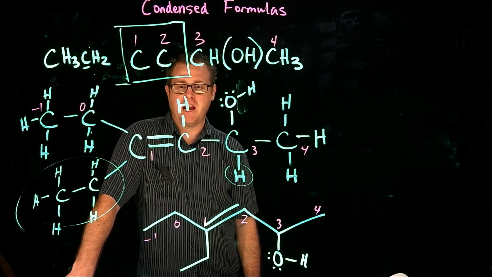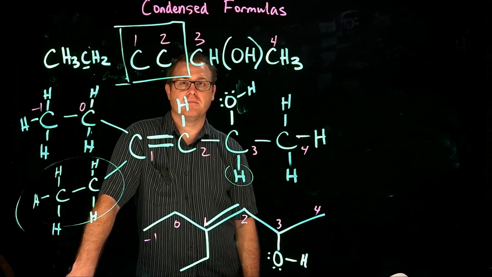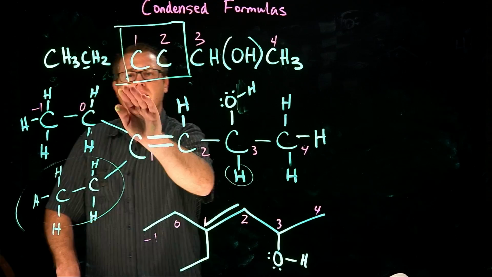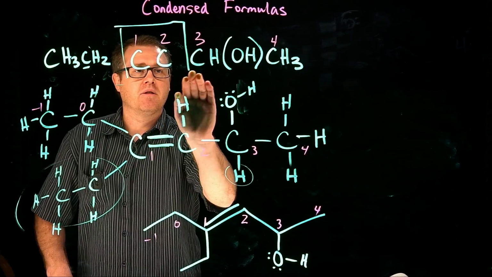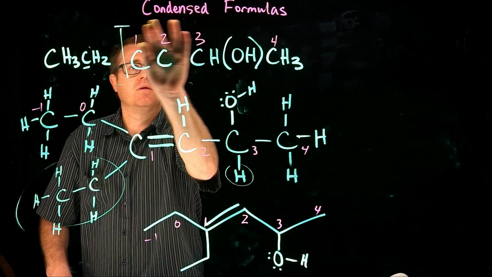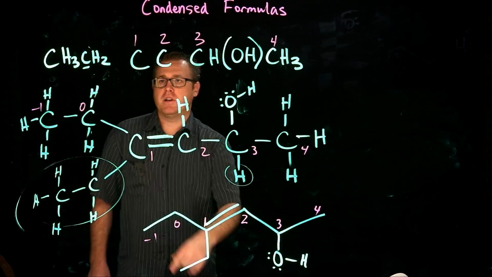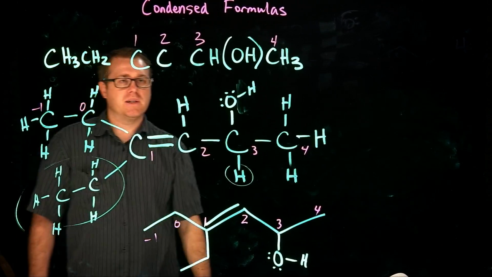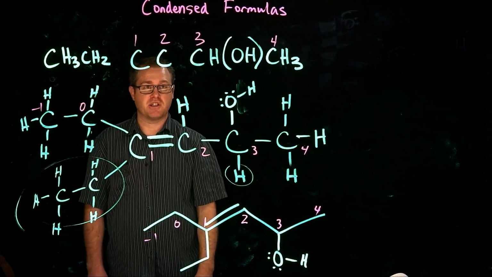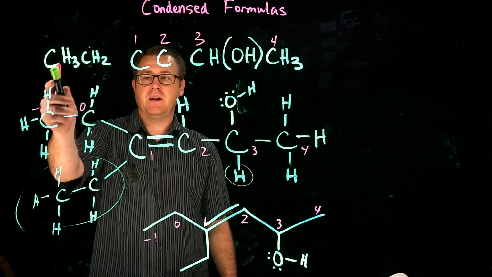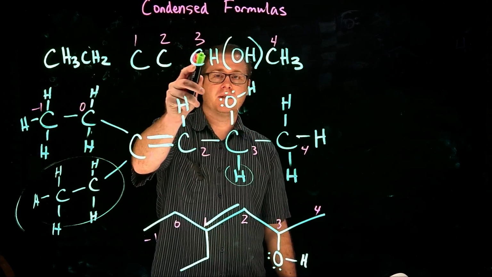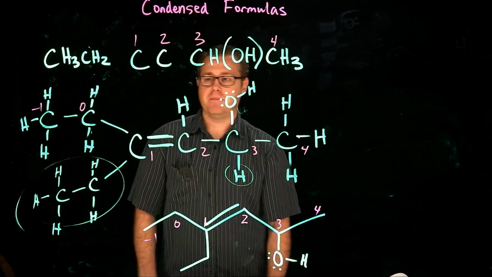How does that change our Lewis structure? So let's clean it up so you can get a better look at it. What if that was your condensed structure right there? CH3, CH2, carbon, carbon, CH, OH, just like that.